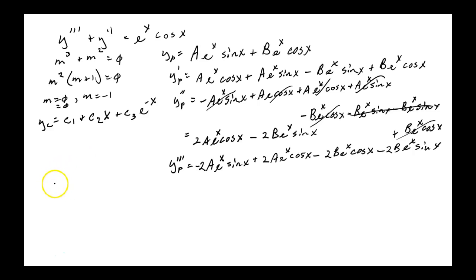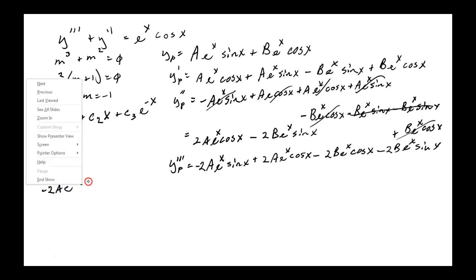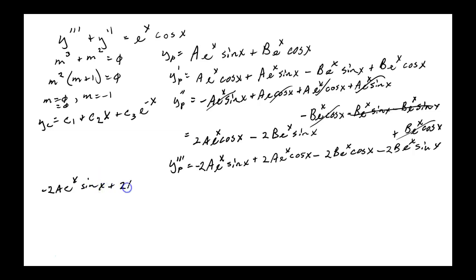So we're going to start with y triple prime. y triple prime is minus 2a e to the x sine x plus 2a e to the x cosine x minus 2b e to the x cosine x minus 2b e to the x sine x. That's your y triple prime.